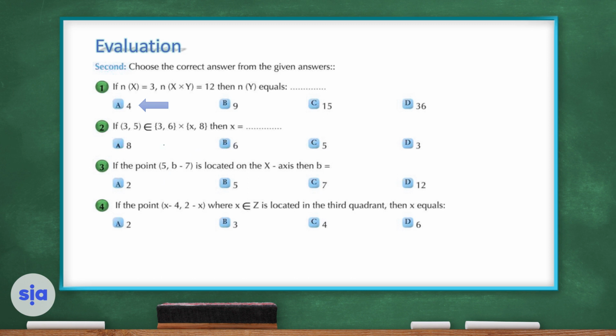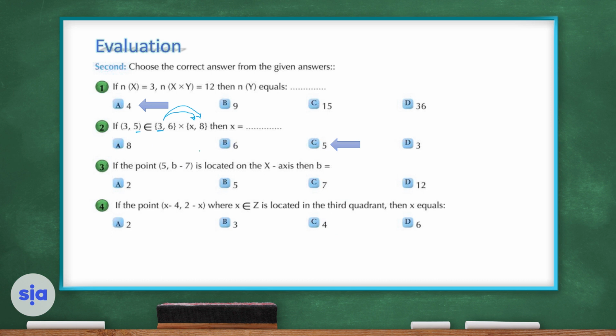For sure, when we have the multiplication here, we multiply each and every element in the first one, it takes one from the other one. So in this case, for sure, it's either (3, x) or (3, 8). So if it's here (3, 5), then x is 5.